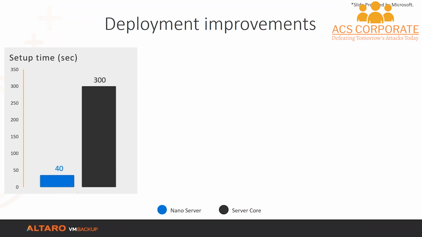So there's no more boot a prepped image, have unattend apply all your settings to it, and then it reboots again. We've eliminated that second reboot. So on first boot, everything gets applied and you come up and are actually running it on the network as you want it configured. So that helps reduce the setup time, allows you to quickly and easily provision new images for your DevOps type scenarios.